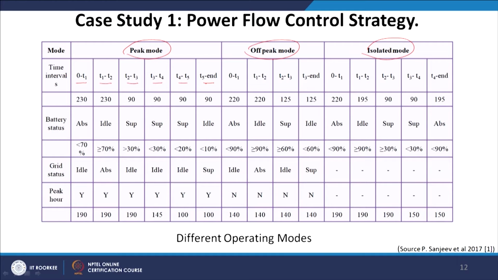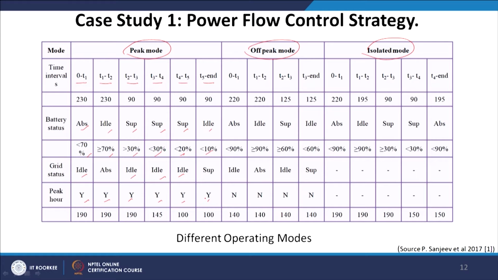These are the battery status, whether it is absent or idle, or the supercapacitor operation, and these are the SOC status, whether it is 70%, greater than 30%, less than 30%, less than 20%, less than 10%, etc. And we can say the grid status when it is idle, and whether it is a peak hour: yes, it is a peak hour.